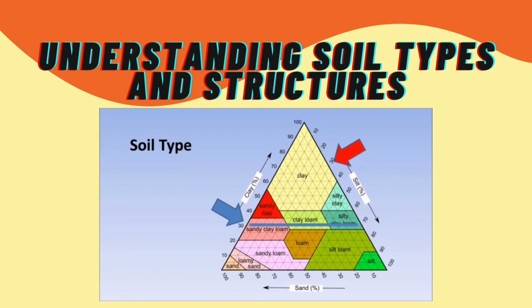In the silt, you can see the percentage, and we line the percentage. For the last is sand. So we line the sand and we get the type of soil in my area. It is clay loam.